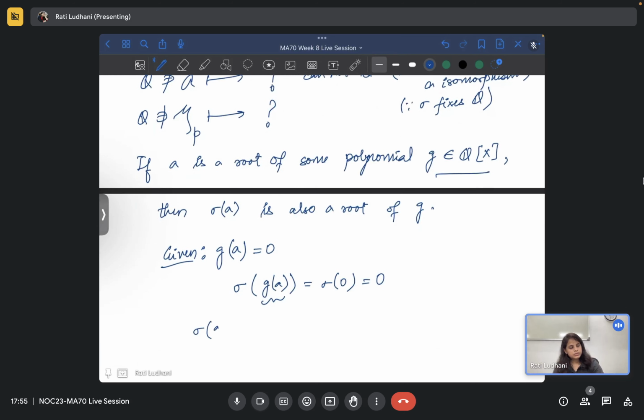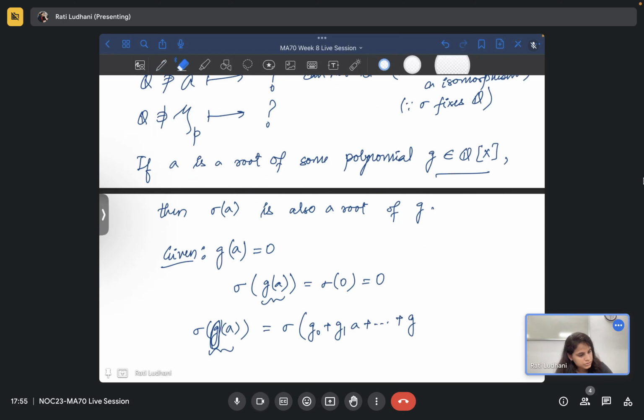And now, as we have seen, g is a polynomial in Q, so this is very important. We can write it like this: g_n a raised to the power n, and so on.